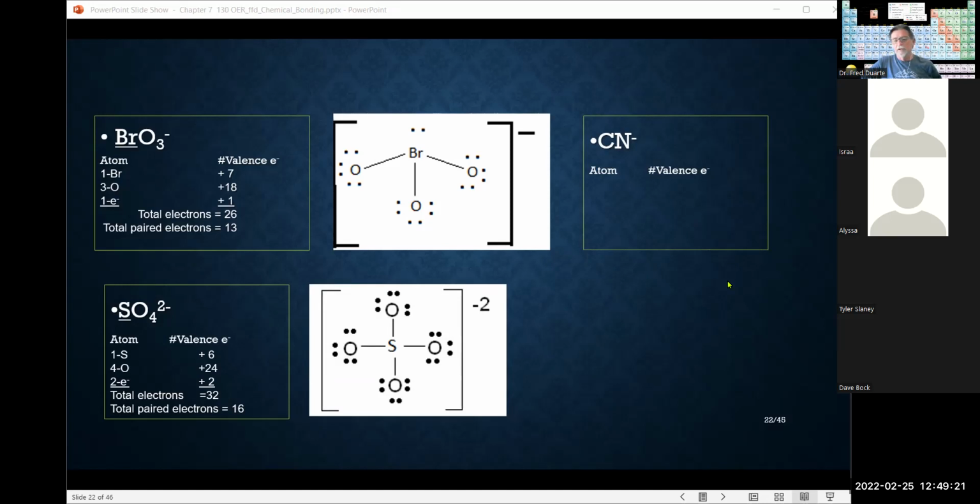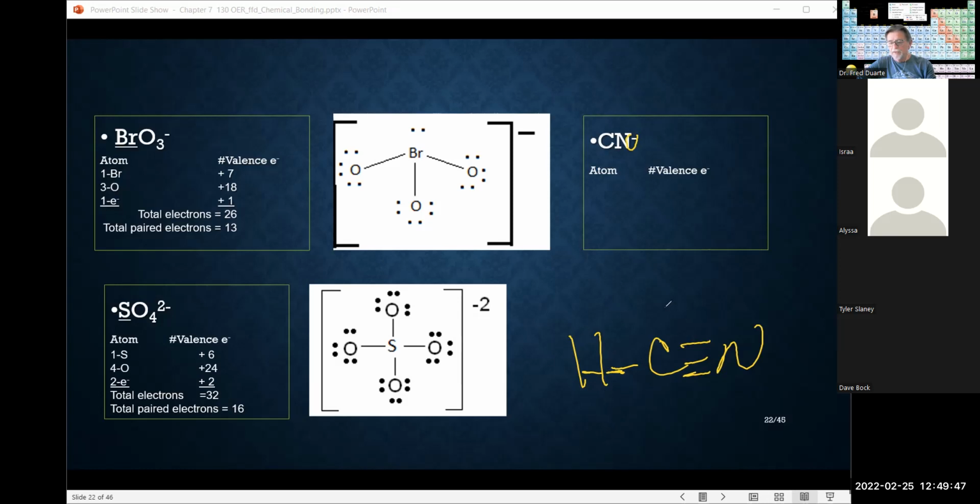Okay, cyanide. You might recognize that because we did this one earlier. Because of this negative charge, what's happened here is that hydrogen was removed. We're going to talk about that type of chemistry, because this hydrogen is acidic, and we can pull that off.